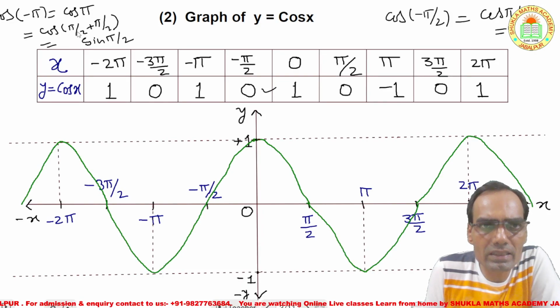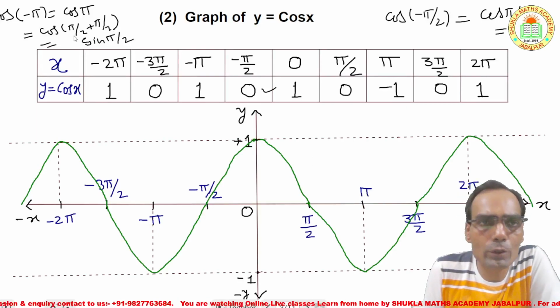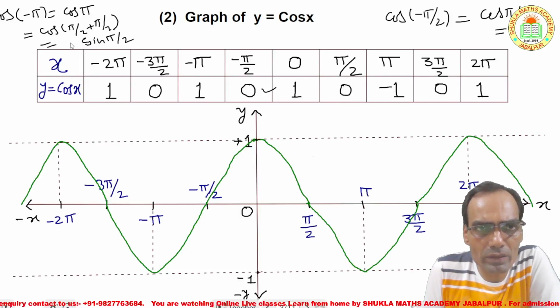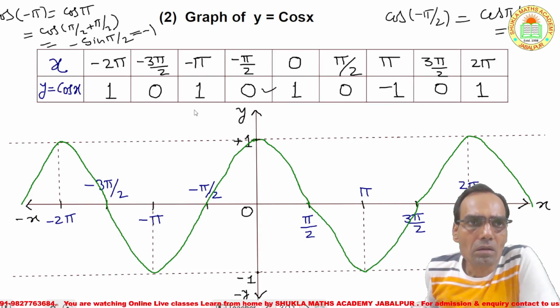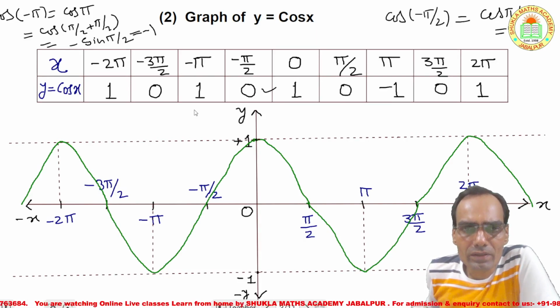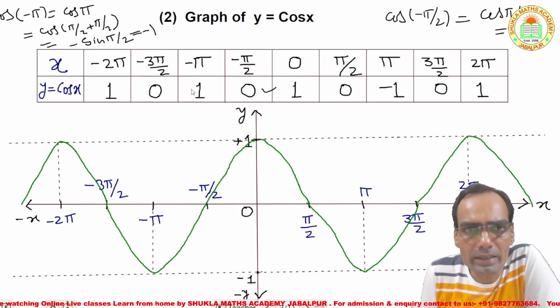It is in the second quadrant, where all values are negative except sine. So it is cos, so it is negative. So sin 90, so it is -1. So we get the value of cos of minus pi as -1. So now here take the -1, right?